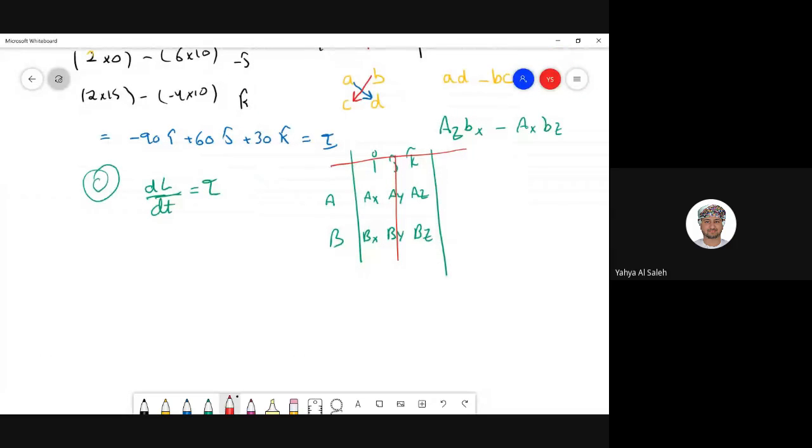Just let me finish part C and I'll come back to this because I know exactly where your confusion is. Okay, so part C of the question says, what is the time rate of change of the particle's angular momentum? So torque equals dL over dt.